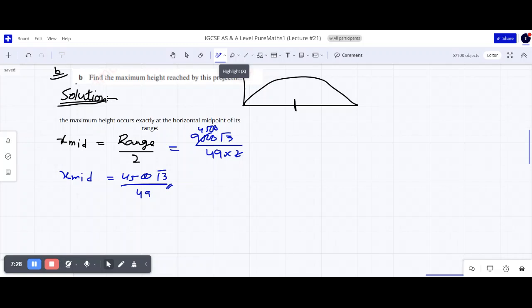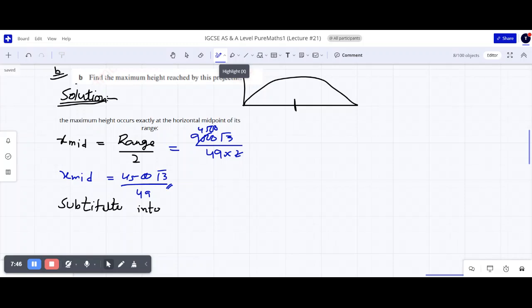Now we will substitute this back into the projectile equation.